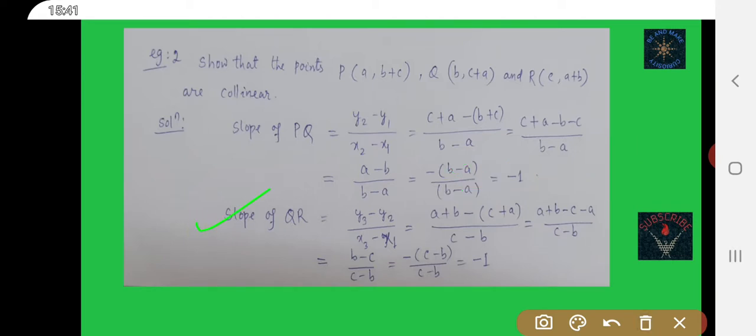Similarly you find slope of QR. Here y3, x3, y3, x2, y2. So you subtract, now y3 minus y2 by x3 minus x2.